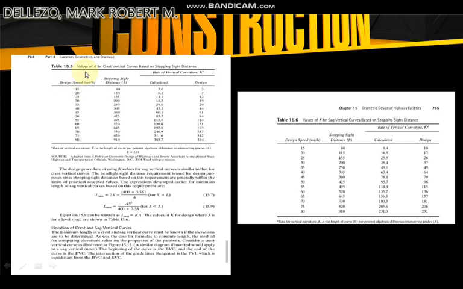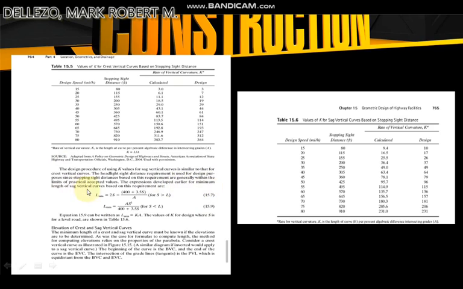Then next, table 15.5, the value of K for crest vertical curves based on stopping sight distance. So for every design speed in miles per hour, there is an equivalent stopping sight distance in feet, calculated in this part, and the design rate of vertical curvature K. Then in this part we have the expression developed earlier.